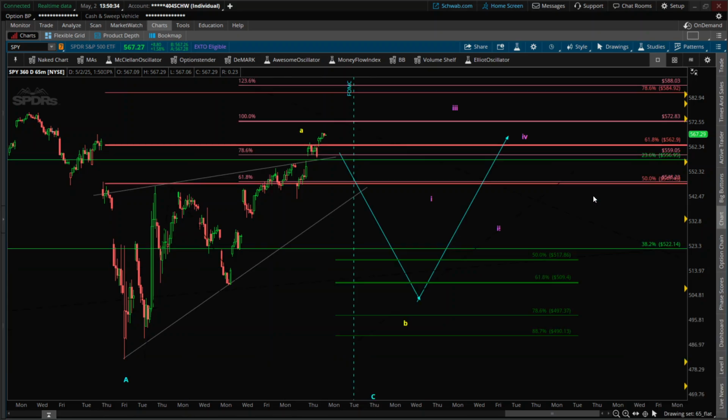But this still stands as what might happen if you get your A, your B, your A still continuing up here, and this is 100% extension, would take us to 572, 573 if price wants to get there. You get your B reversal, and then you continue higher.